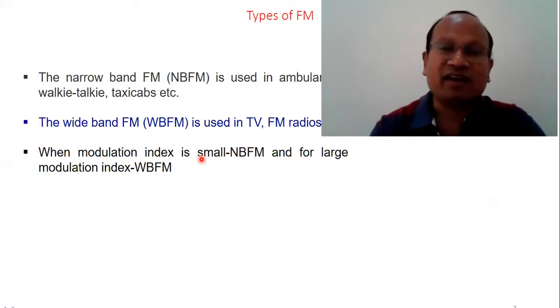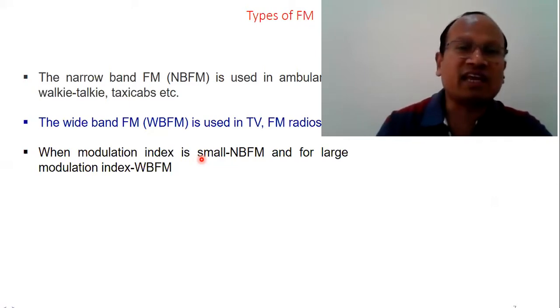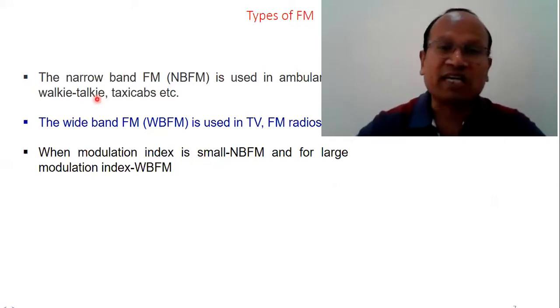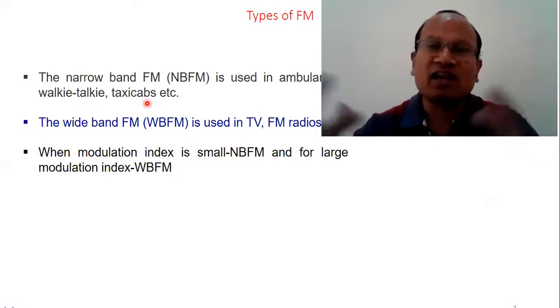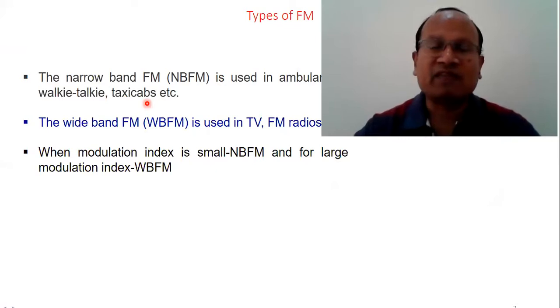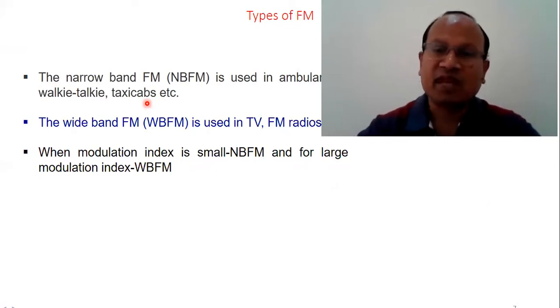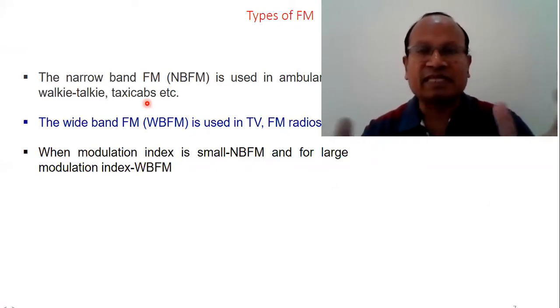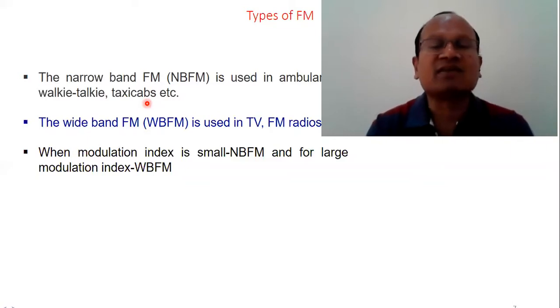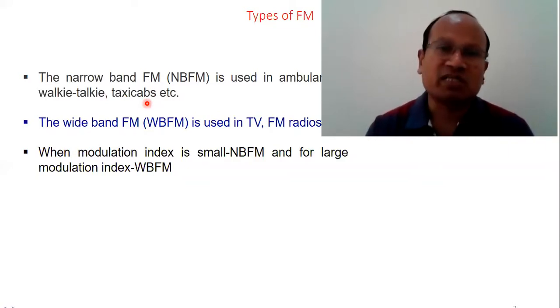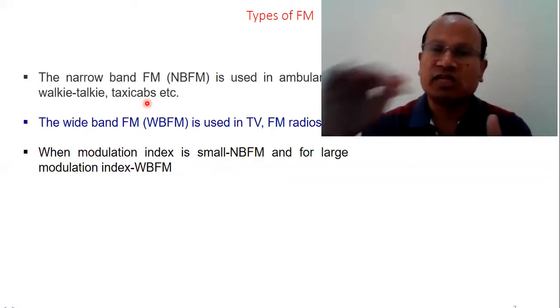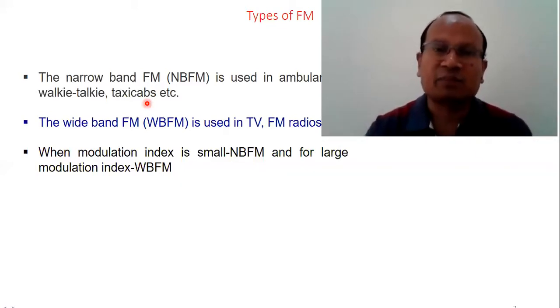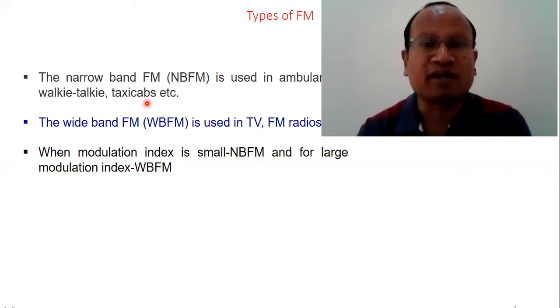Generally, narrowband FM is used in ambulances, walkie-talkies, taxi cabs, and some local applications like the police department, where FM transmission and FM reception setups are used, such as taxi drivers communicating with the network of all the taxis and the service provider.